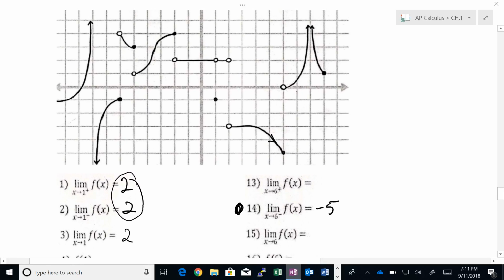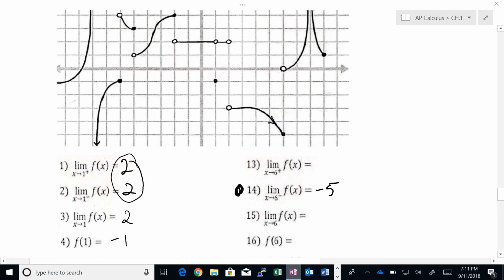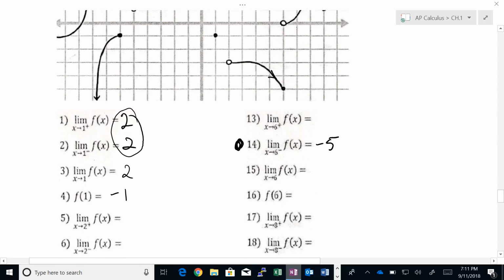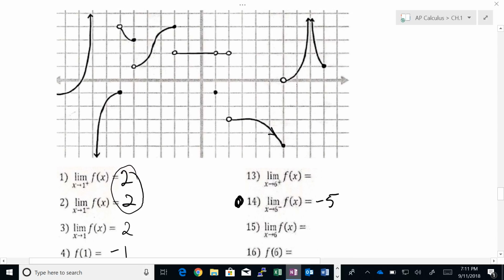F of 1, okay, is right here, the dot, so it's at negative 1. Okay, so it's an open hole here. It's a closed dot there. All right, as I approach 2 from the right, number 5, here's 2. I've got to come down here, so I'm approaching 2 from the right.